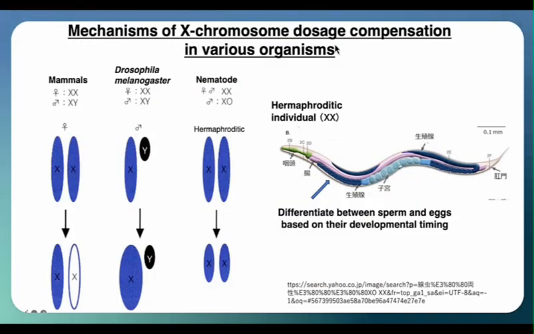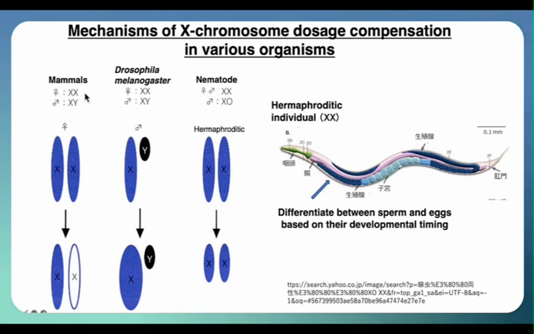Mechanisms of X chromosome dosage compensation in various organisms. In species with XY sex chromosomes, the mechanisms of sex chromosome dosage compensation vary among different organisms.